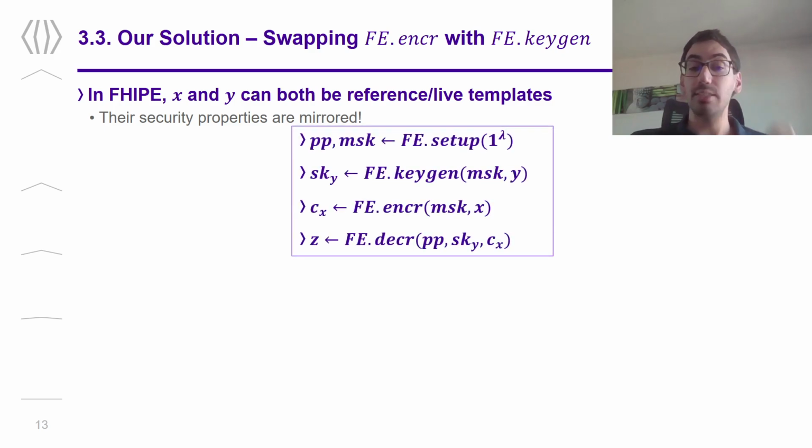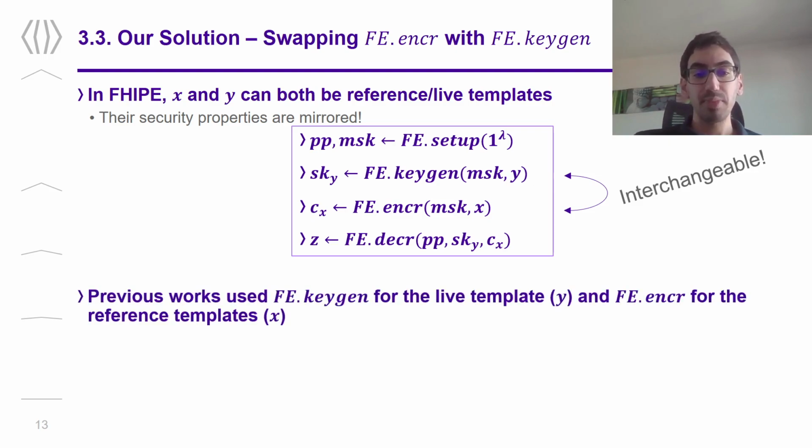In fact, if we see it on the algorithms of this scheme, the algorithm that makes up the secret functional keys, sorry, the functional keys, and the algorithm for the ciphertext, they could be perfectly interchangeable because they have the same security properties thanks to their function hiding condition.